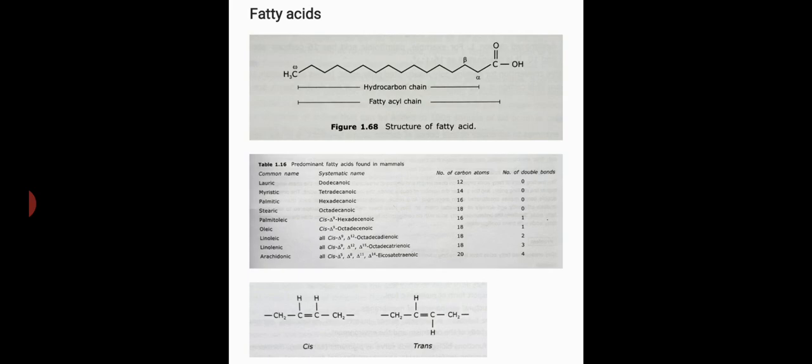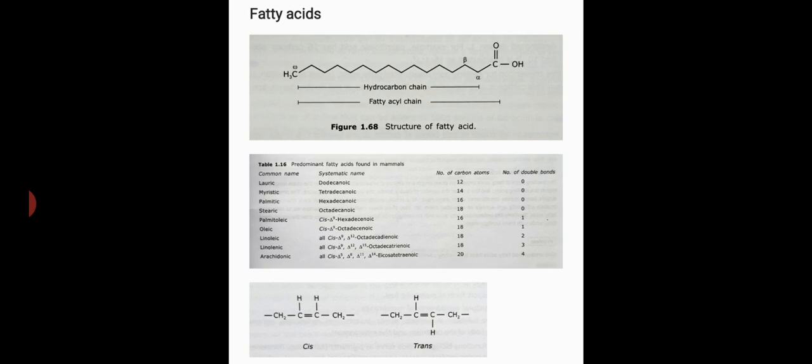The 16 and 18 carbon fatty acids are the most common fatty acids found in biological systems. Fatty acids are amphipathic in nature, that is, they have both non-polar and polar ends.